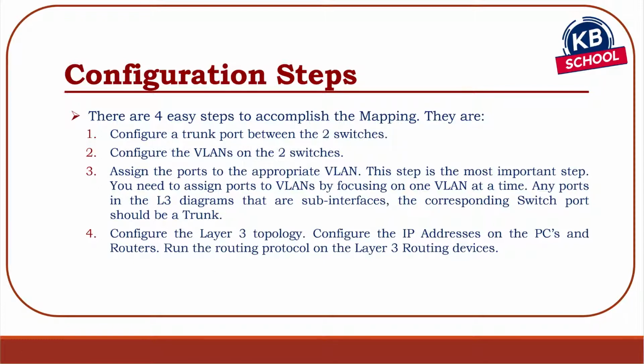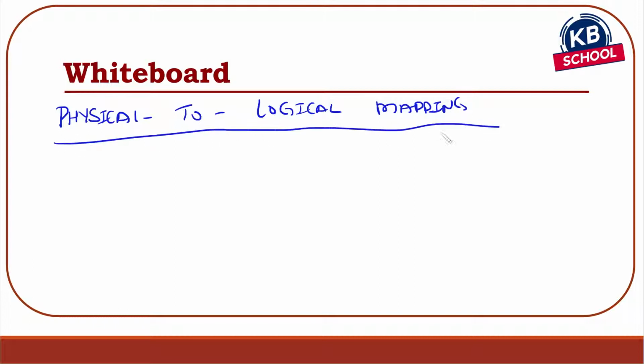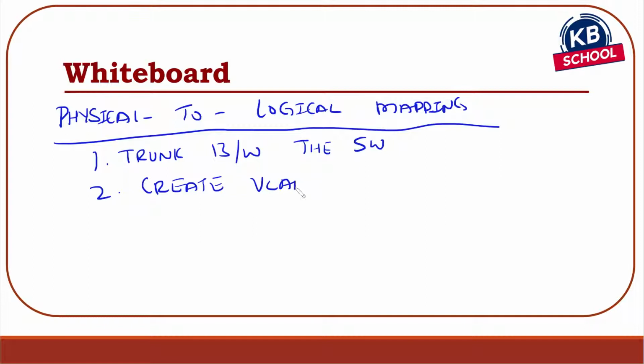So now let's recap the 4 steps. And this is what I want you guys to know and commit to memory, that I need to have 4 steps to do a physical to logical mapping. And what are the 4 steps over here to do that? Step 1, trunk between the switches. 2, create VLANs. 3, assign ports to VLANs.